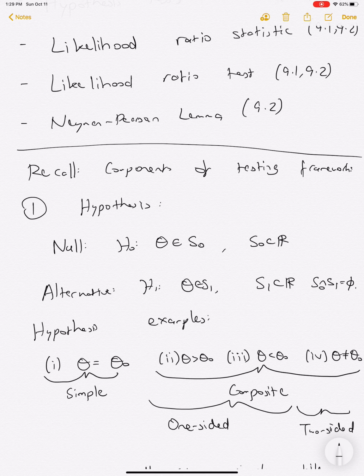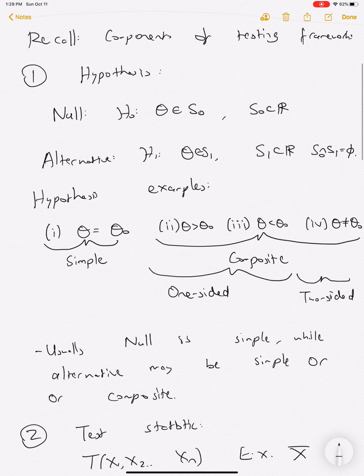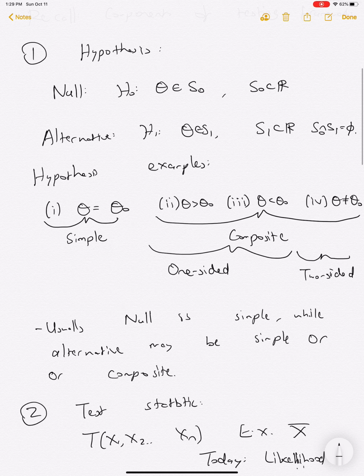And I just wanted to remind people and also talk about some of the different kinds of hypotheses that you can see. So in general, you assume that theta belongs to some set in R for H naught, and then theta belongs to a different set in R for H1. So there's no overlap between the two sets. That's what this statement up here is saying.